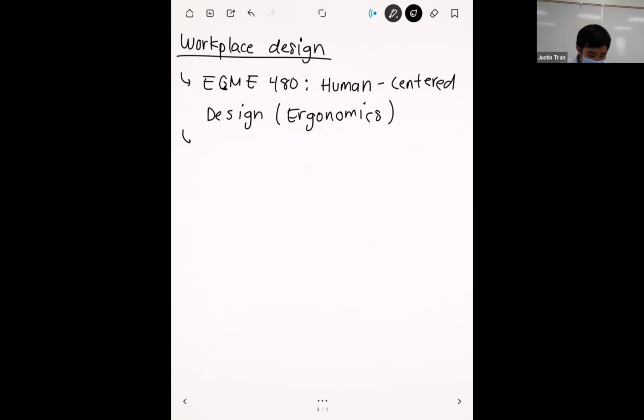Let's consider three similar cases. In each case, we have a person who is going to be bending over more and more to do his work.